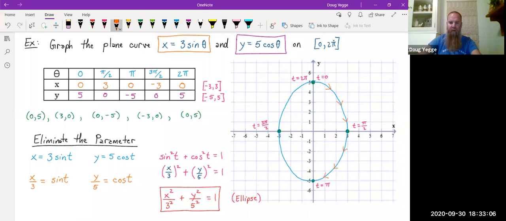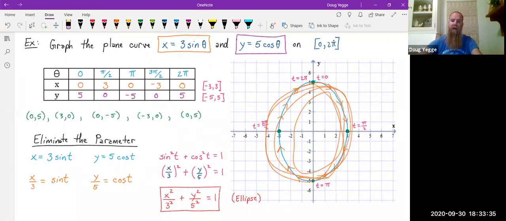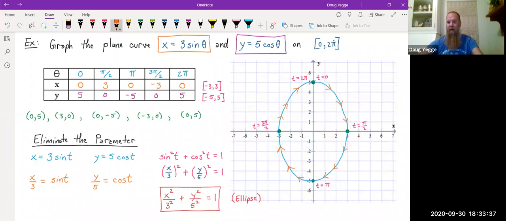And so notice that this set of parametric equations is much better for us than just getting the equation in terms of x and y, because this equation in terms of x and y only shows us the shape of the curve and therefore how the x and y coordinates relate to each other. But if this was describing perhaps the path of a NASCAR track, we could see that it's always moving in this direction, and we could see when it's going to get to certain locations based on our t values.